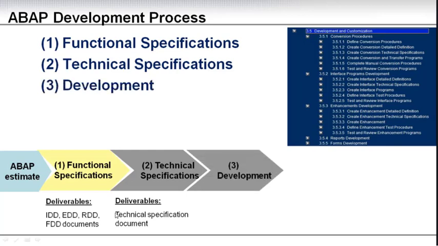Then he goes into the actual development, and here those two steps are often interlinked. So you do some initial design work on the technical side here, and then you go into and you develop it, and after you've developed it is where you refine and finalize the technical design documents.